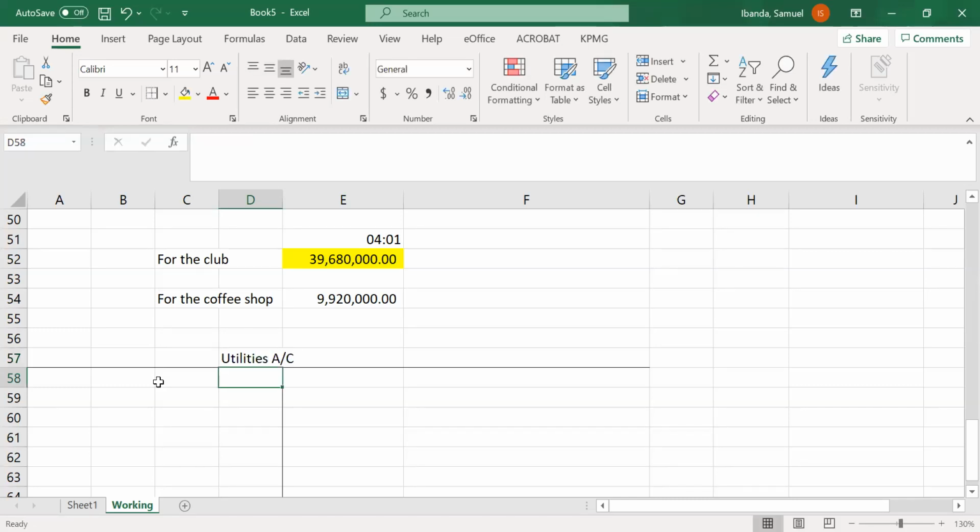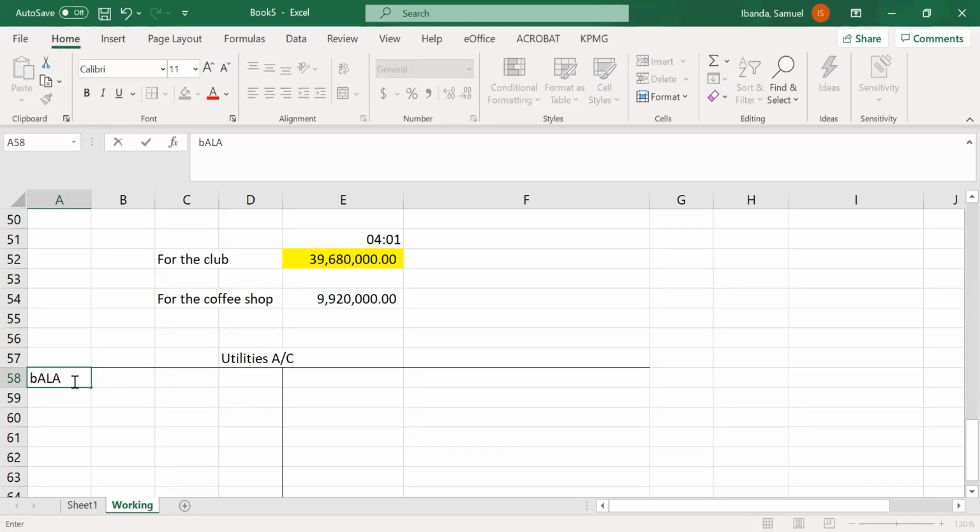Call it your utilities account. This is more of a reconciliation account that is going to help us determine our utilities for the year. In the same way, we have a balance brought down and the balance carried down. Now, in this case, the balance we have here is prepaid utilities. Prepaid utilities are assets and they have a normal debit balance. So they will be this side.